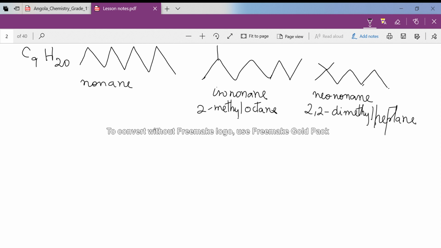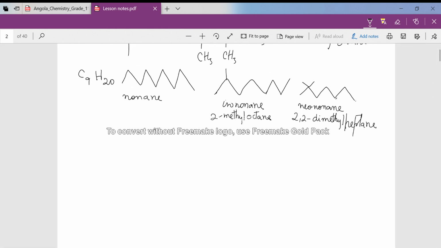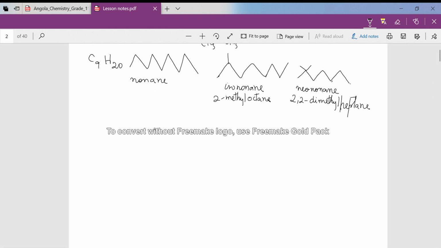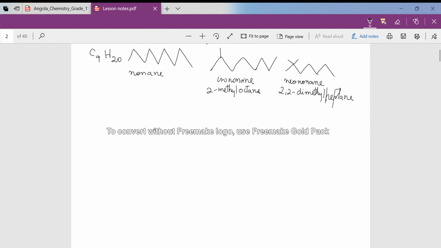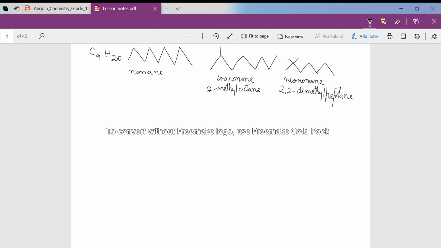Alright, so we could have other structures as well. Just so we save some space, we could have some other structure as well. We could have 1, 2, 3, 4, 5, 6, 7, 8, 9, for example.